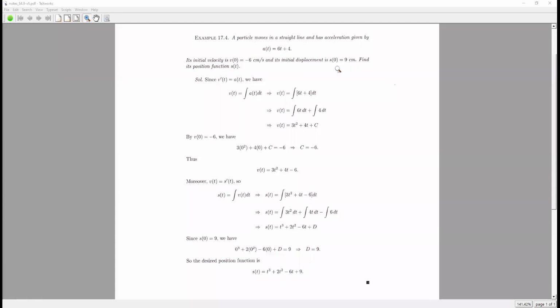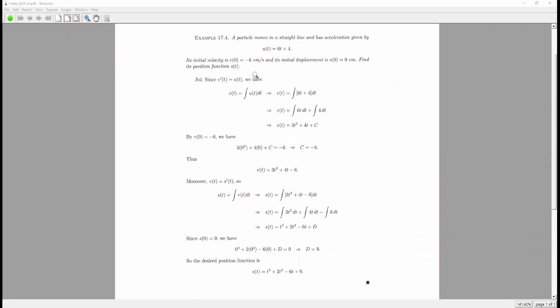Now, from this information, find the position function of the particle. Because the derivative of velocity is acceleration, velocity is an antiderivative of acceleration.